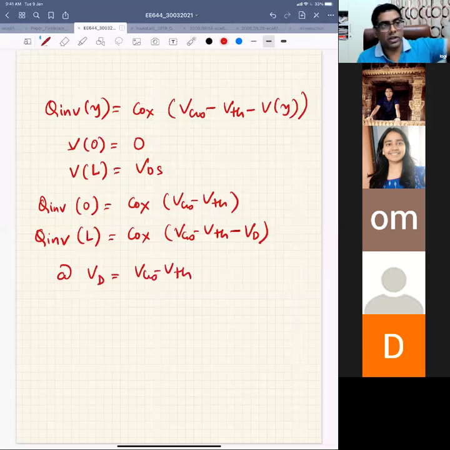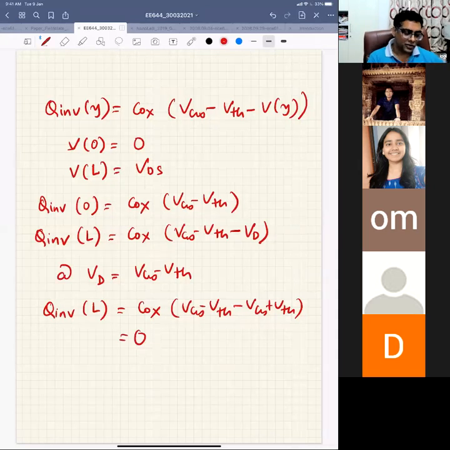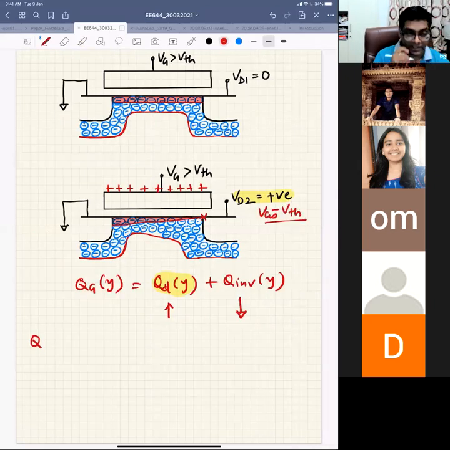as you go on increasing your drain voltage, at some VD your Q inversion at the L side will be Cox (VGS minus VTH minus VGS plus VTH). So this will be 0. If my VD is VGS minus VTH, your inversion layer thickness on the drain side will be 0.